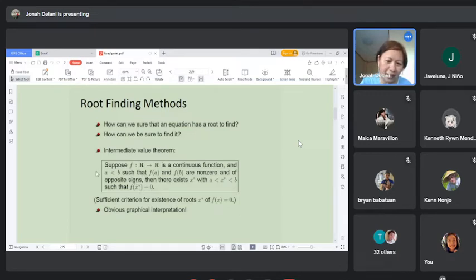From this statement, x asterisk is the root of the equation.